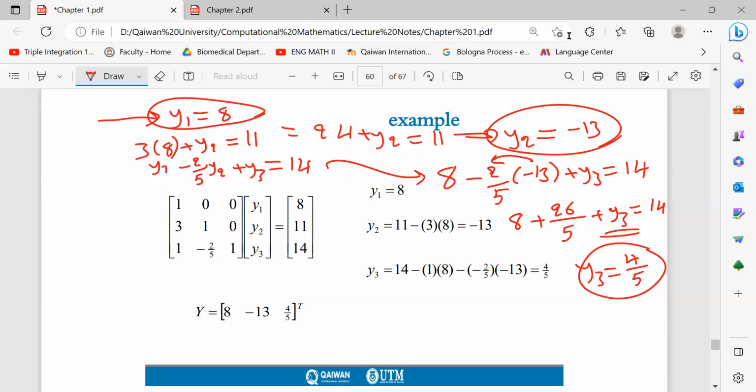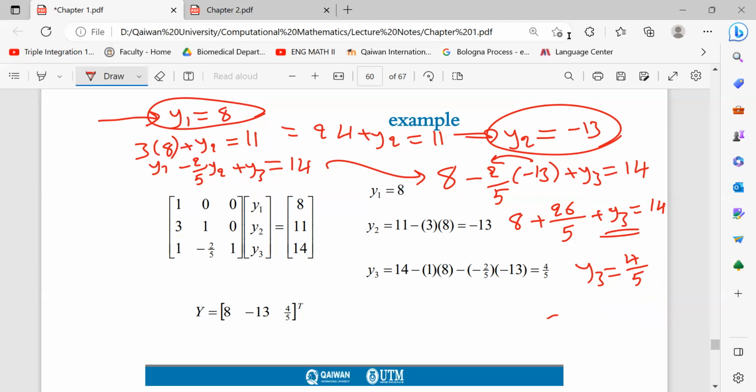You should write down fractions. A calculator gives you decimal places. It doesn't give you this. If you use a calculator, you cannot get this. It will give you decimal places like this.